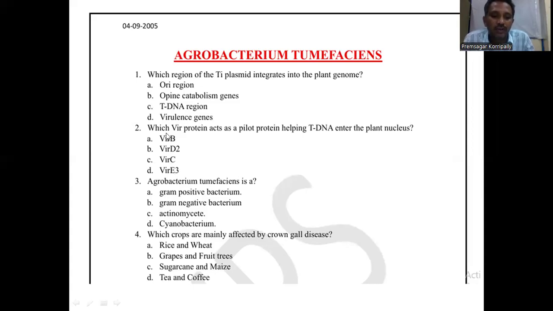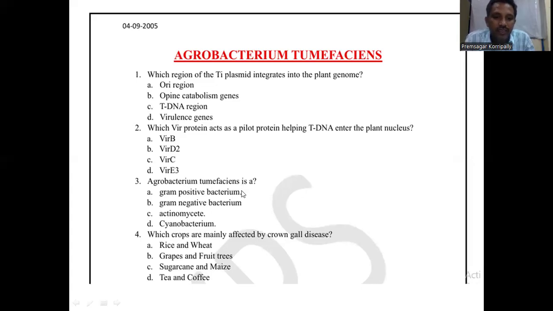As you all know, Vir genes are responsible for transfer of tDNA into the plant cell, but here VirD2, which has a nuclear localization signal and binding capacity to the tDNA at the 5 prime end, acts as the pilot protein, helping the tDNA to enter into the plant nucleus.